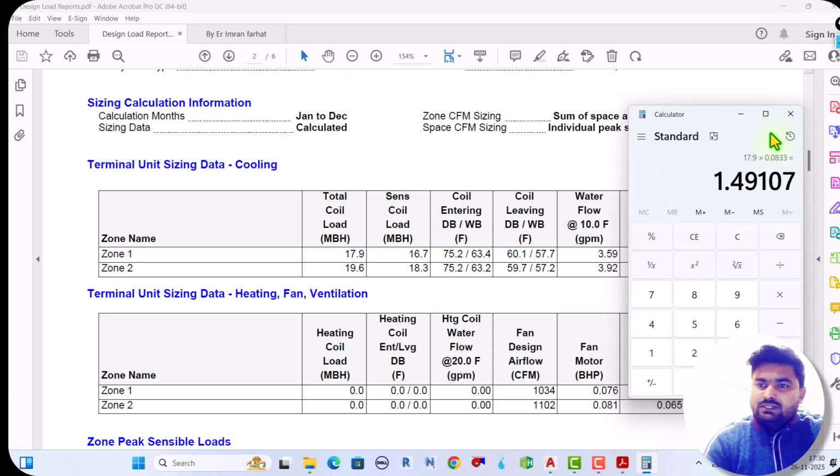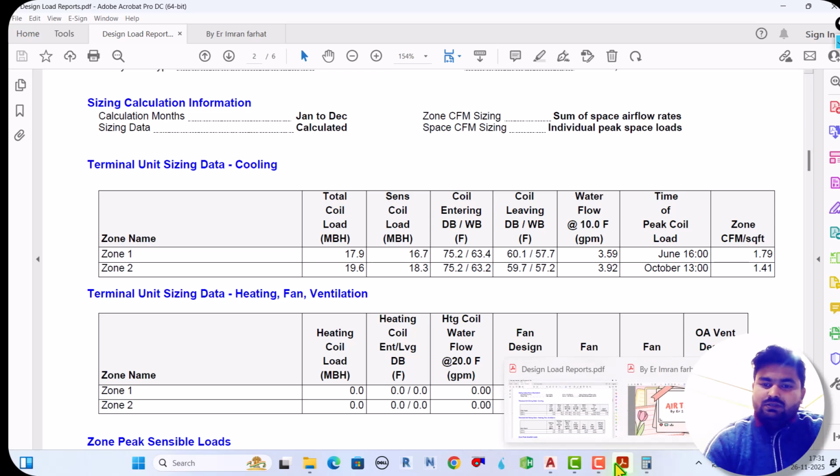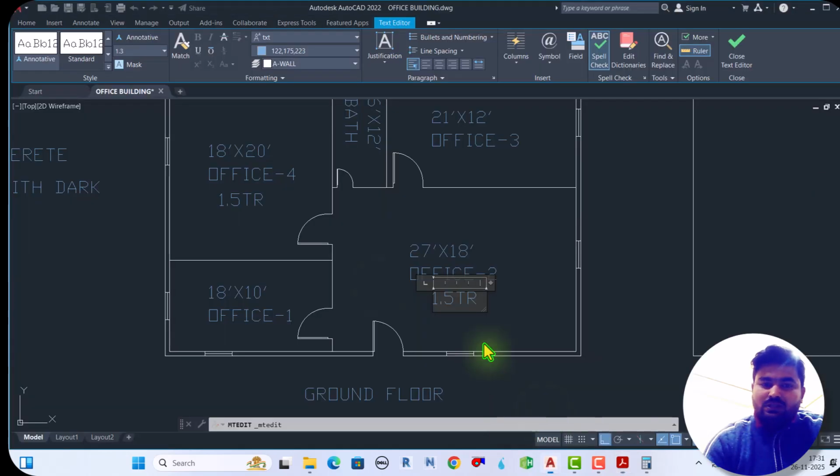So 19.6 multiplied by 0.083 to convert to ton, 1.6. Okay, so 1.6, but in the market 2 ton is available, right? But no issue, 1.6 TR.